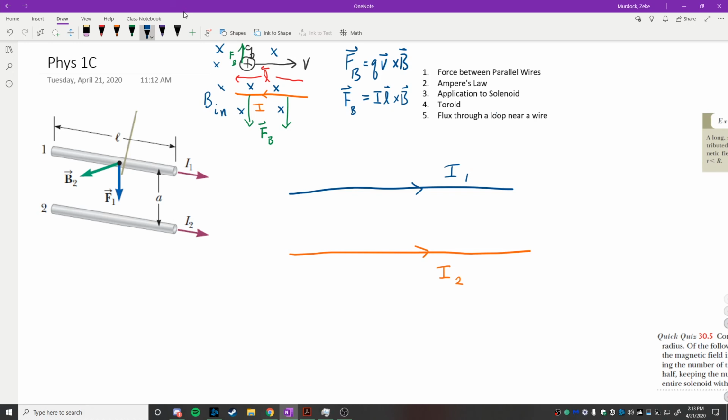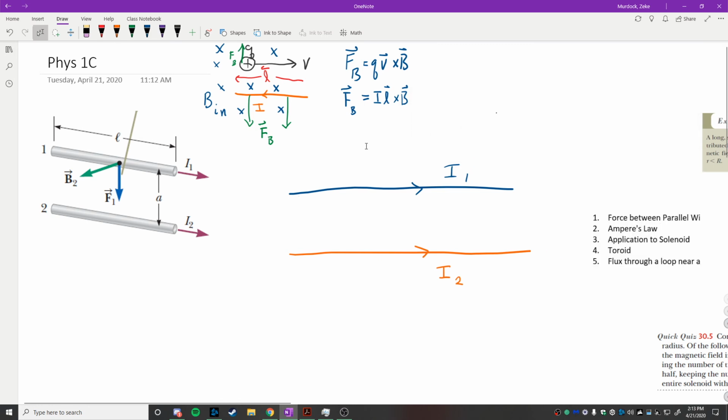Now, the other piece of theory that we had from before that we need to add into this is that we also know that if you have a current carrying wire, okay, so if I have any wire that carries current I, if I move some distance away from the wire, like here, that we call R, then at this location right here, there's going to be a magnetic field that points into the page, and the size of that magnetic field is going to be equal to mu naught, which is just a constant, times the current divided by 2 pi multiplied by the radius, the distance to this point.